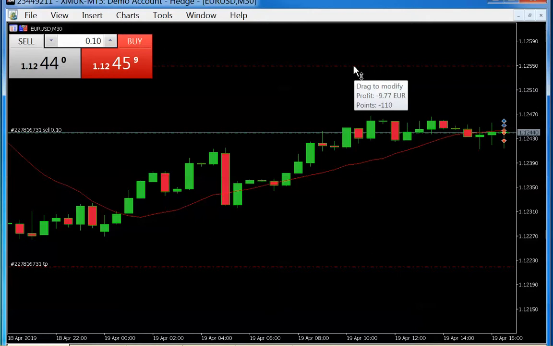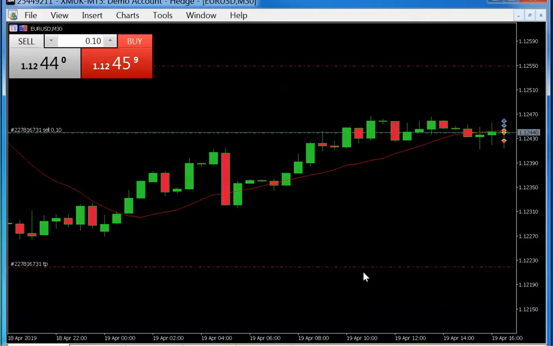Remember, I'm doing mine in euros. So if I lose, I will lose €9.77. And on the profit side, let's see if we can get this to show up. 19.6 euros profit. That's 220 points.